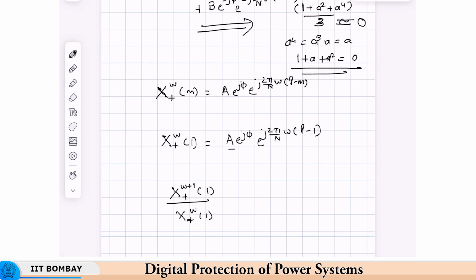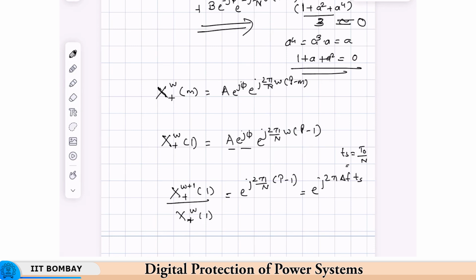If we divide that, then this is common, this is the same. What we will be left with is simply p minus 1, where p is f by f naught, so that gives us f naught ts, where ts is t naught by n, or 1 upon n f naught.